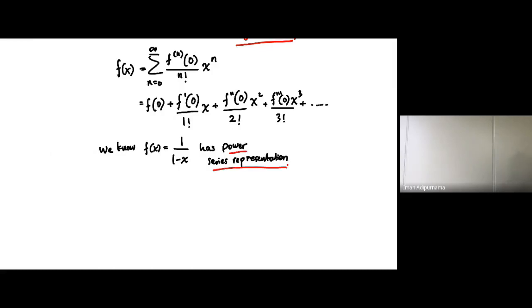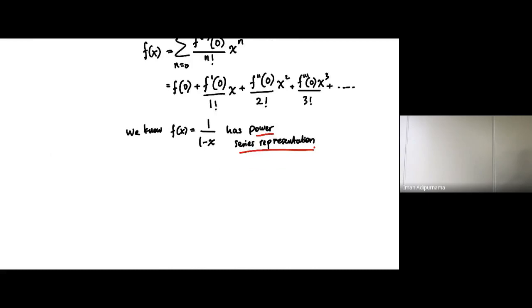We can look at a perspective from the geometric series, in which we can see that this is x to the power of n. Right? So we know that this is a power series representation.